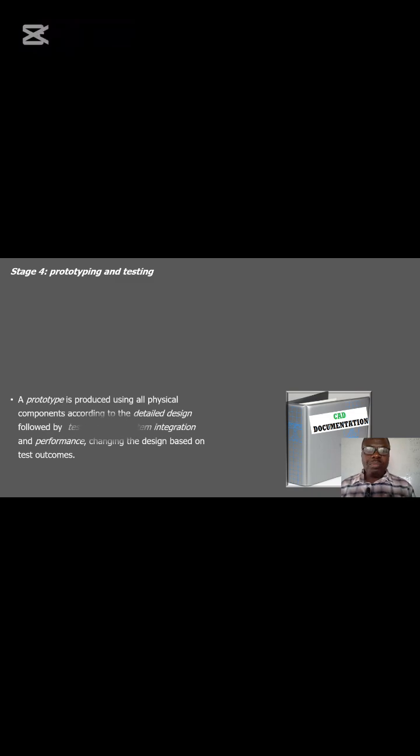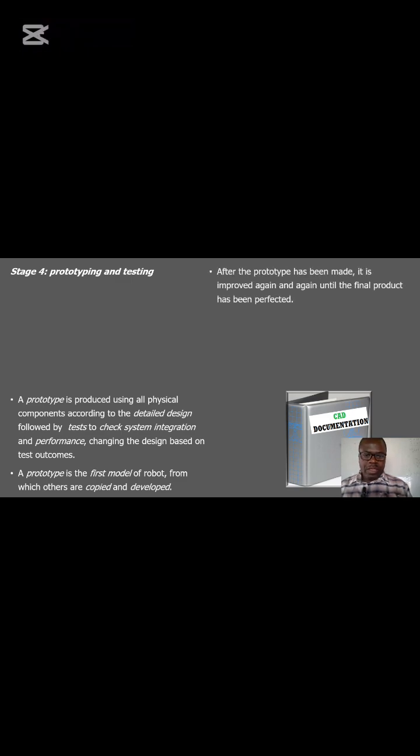Then we have the stage where a prototype is produced, which is called the prototyping and testing stage. A prototype is produced by using all components according to the detailed design, followed by tests to check integration and performance, changing the design based on the test outcomes.